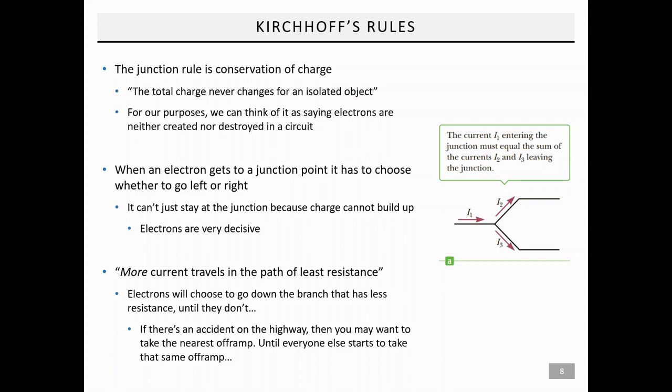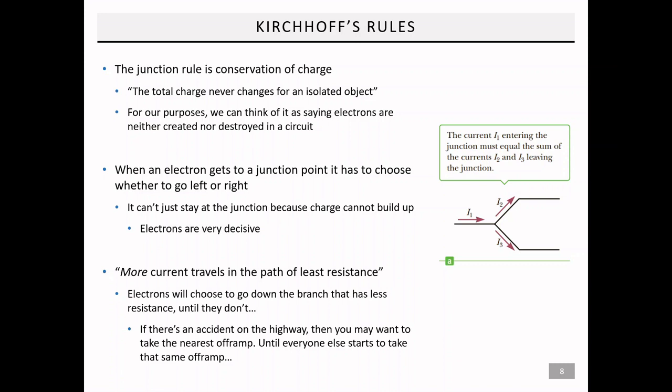It's just that there was more current traveling through the 7 ohm resistor. Physically, you could say this is because the electrons will want to go down the 7 ohm path, but eventually there's going to be so many electrons on that 7 ohm path that some of them might find it easier to go the 10 ohm way.